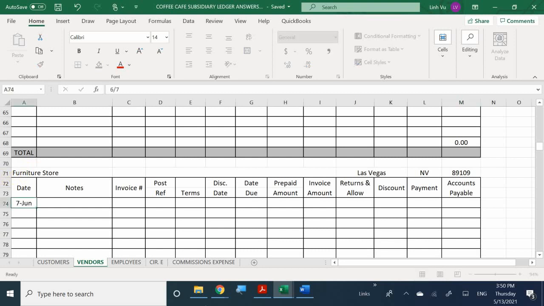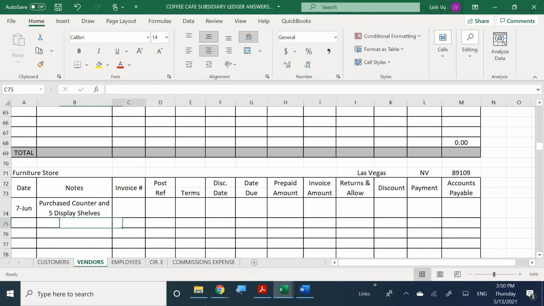So here we are, furniture store. Today is the 7th, right? And in the notes, you could choose what you want to place. I'm going to say that I purchased a counter and 5 display shelves.